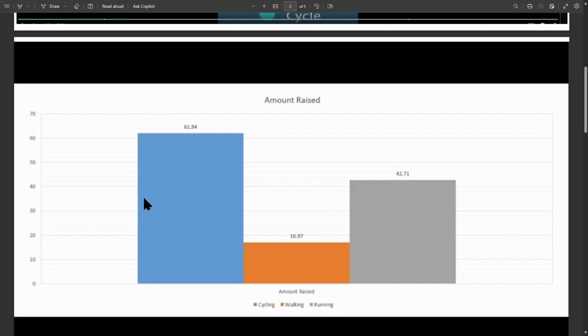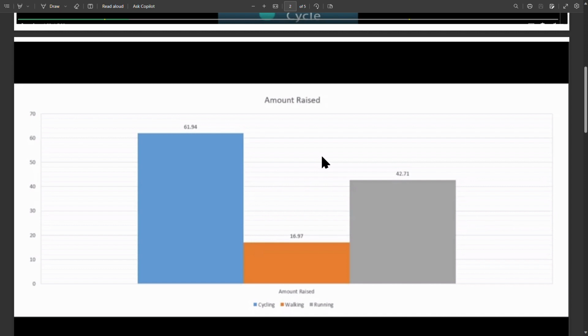What we see here immediately is that it's clear that cycling is earning more money than walking and running combined. But to make it even clearer, we can put a line on top of the bar graph, such that people don't have to do math to see that cycling is earning more money than walking and running combined.